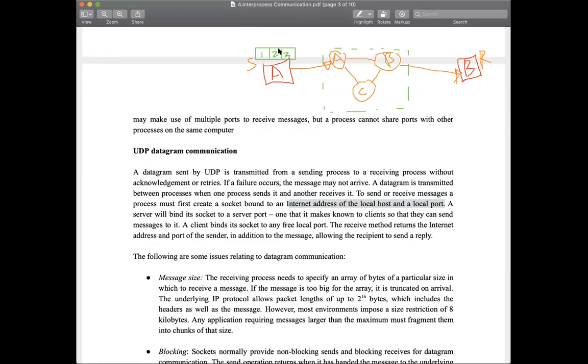Let us say we try to send message 1 first. In the datagram, it is defined. Let us say we are communicating through port 80.